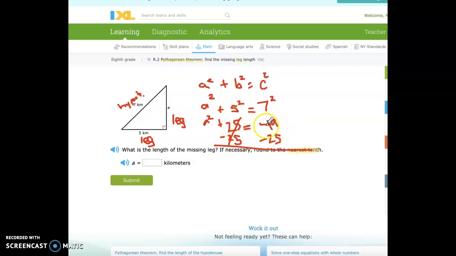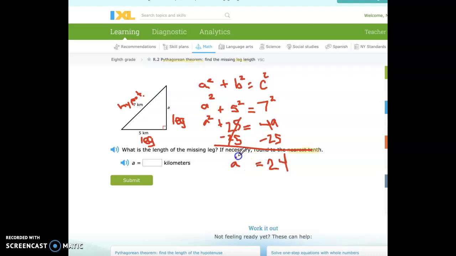This part here, we're going to add a positive and negative number, same as subtracting. 49 take away 25 is 24. I get 24 for my answer currently.